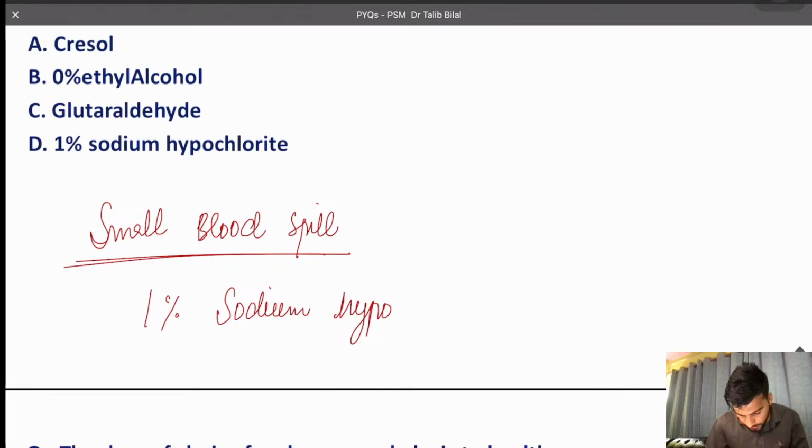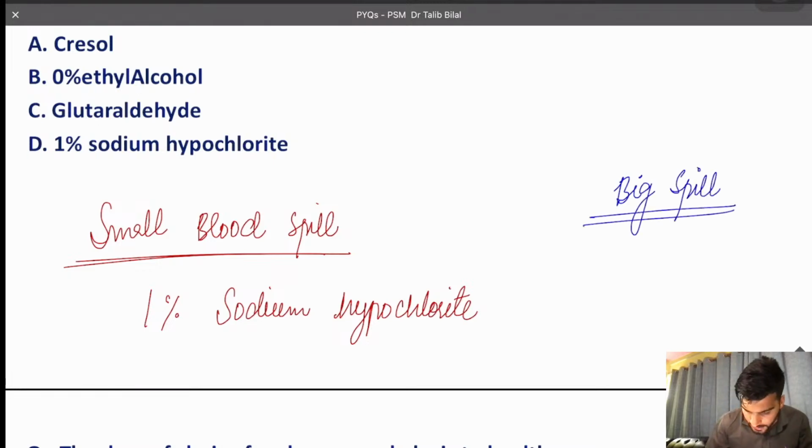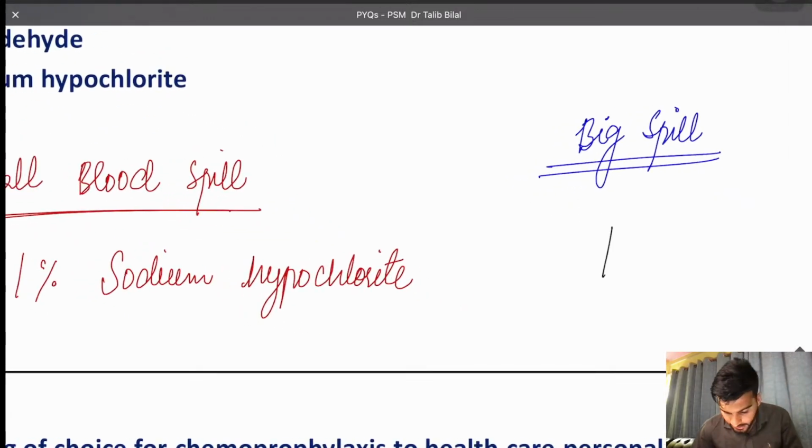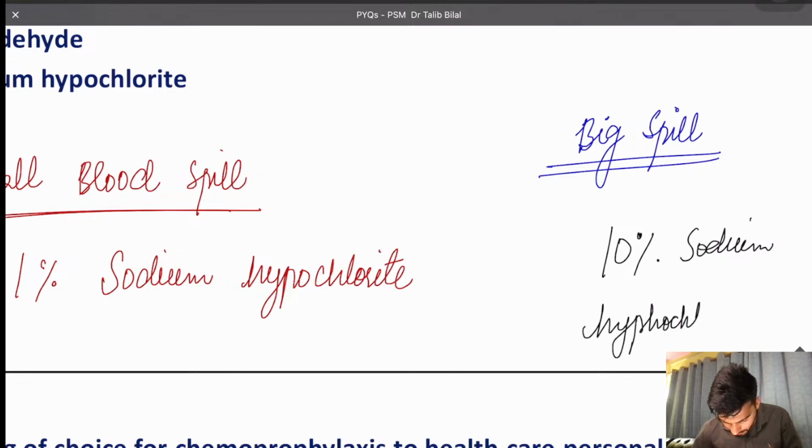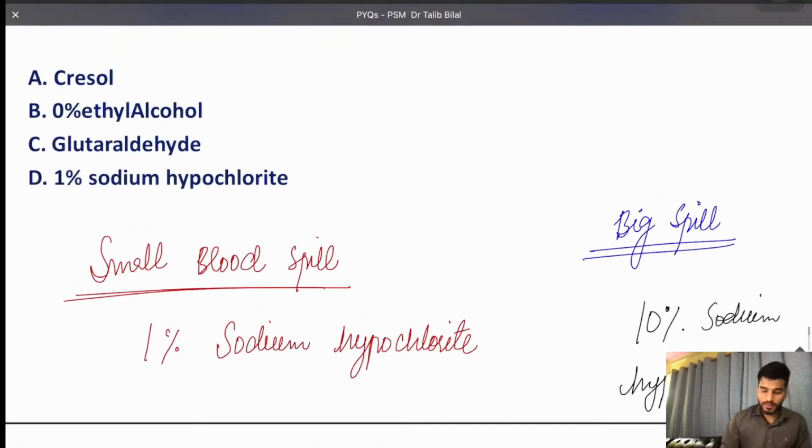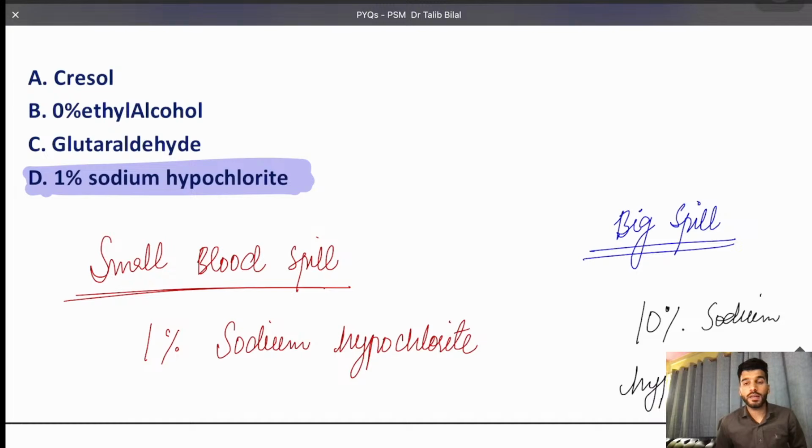If it is a big spill, then your answer is going to be 10% sodium hypochlorite. So your answer here is 1% sodium hypochlorite.